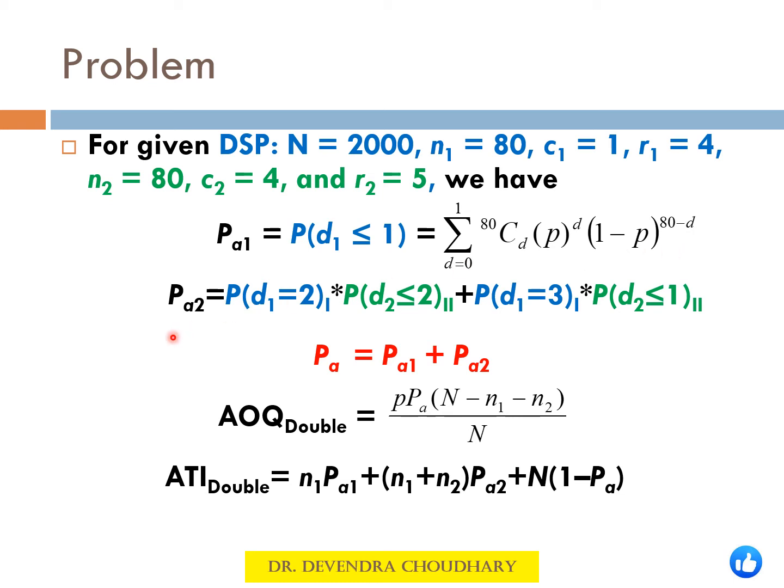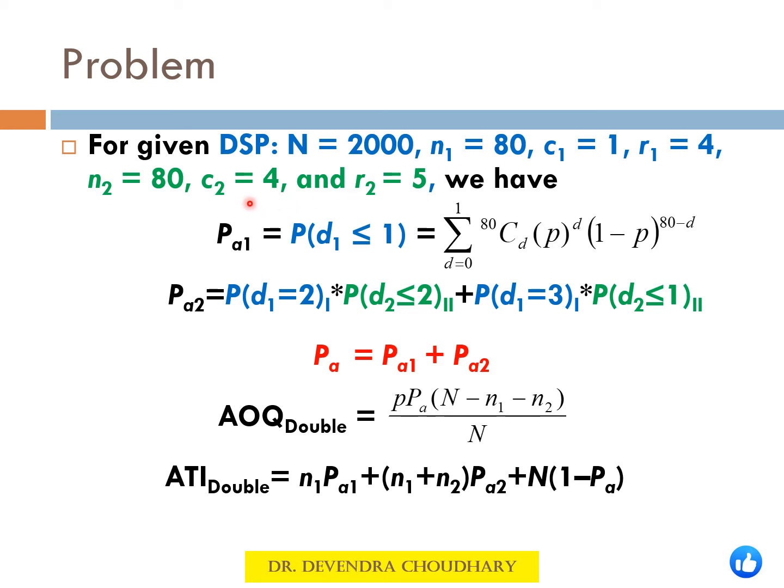Similarly, the probability of accepting the lot after second sample is that we get 2 defectives, since after first sample C1 is 1 and C2 is 4.